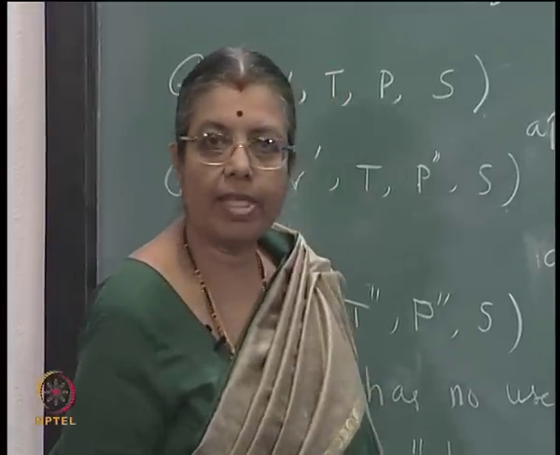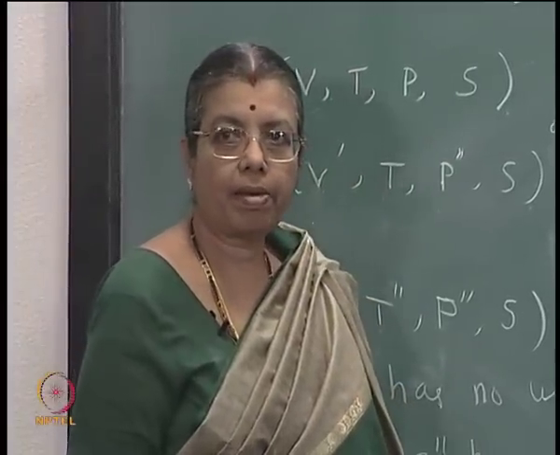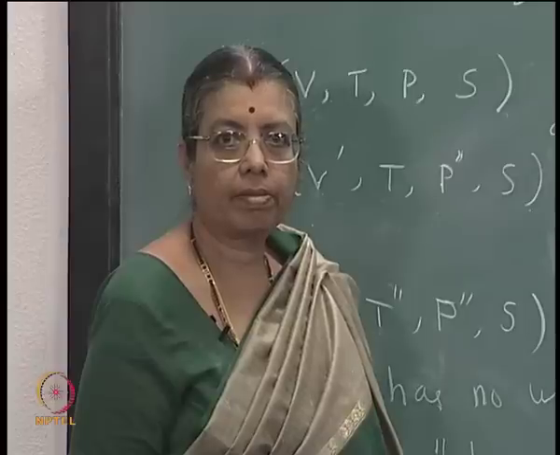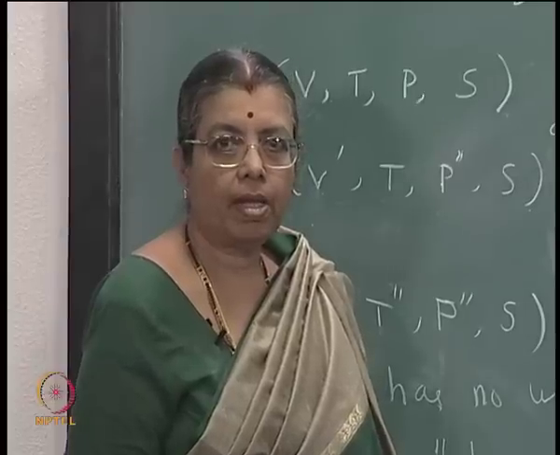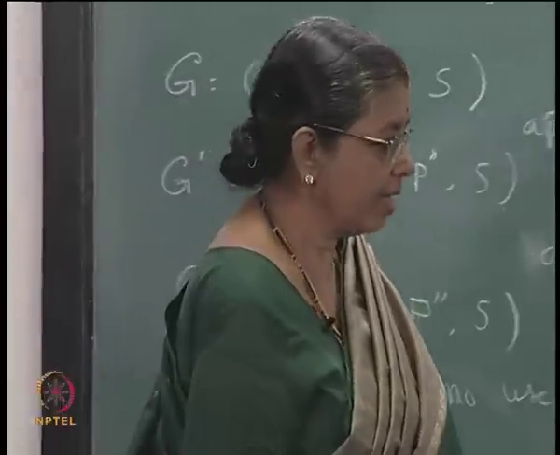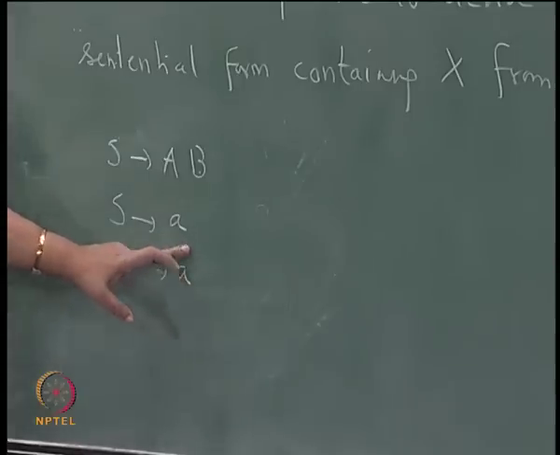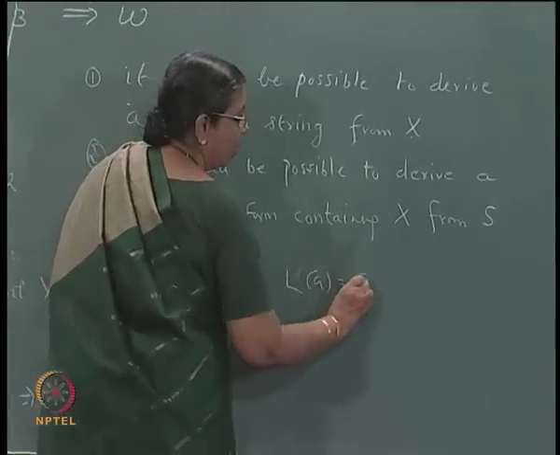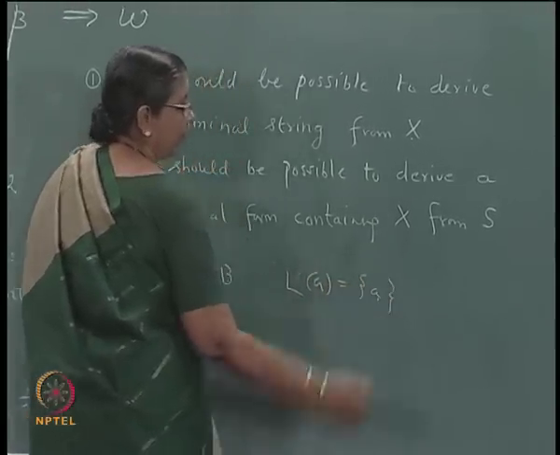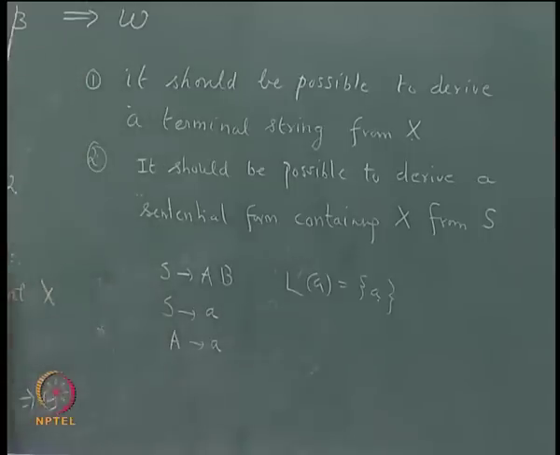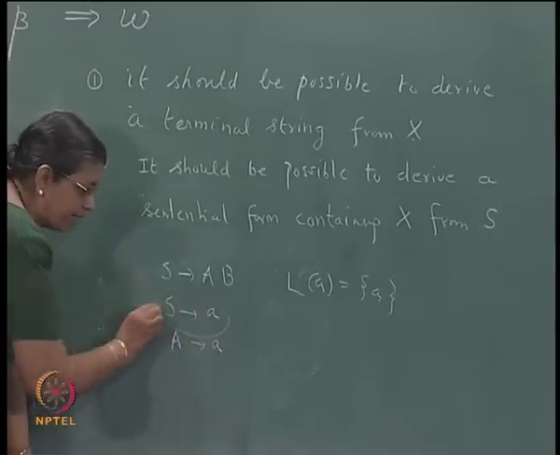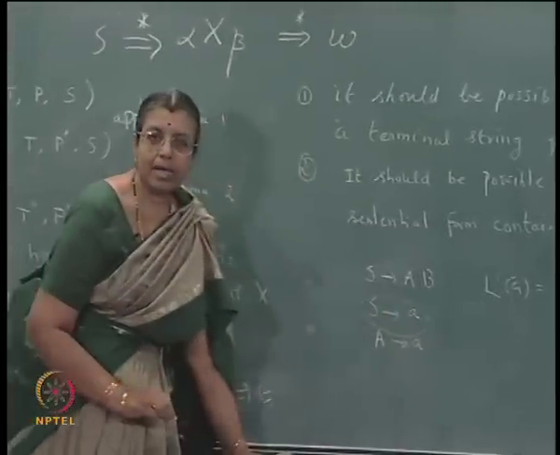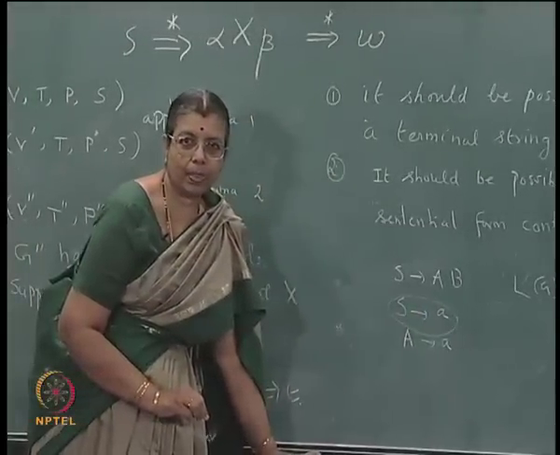What is the language generated by this grammar? The language generated, L(G), consists of only one string, a. Okay, so it is enough if you have this rule alone. It is not necessary to have the other two.